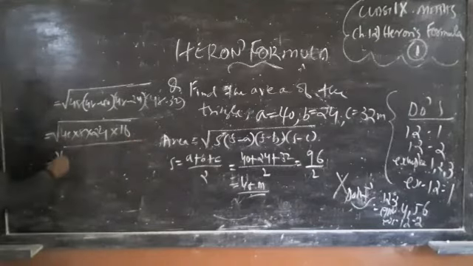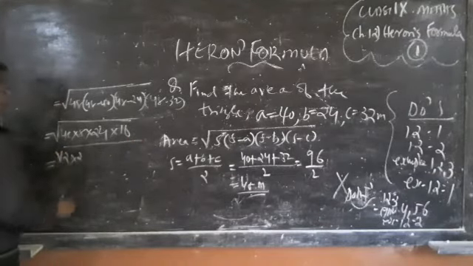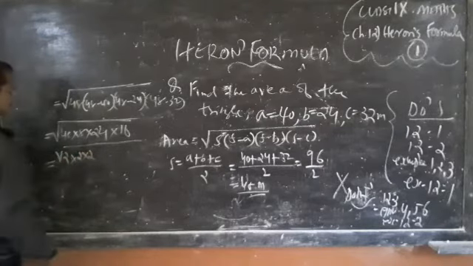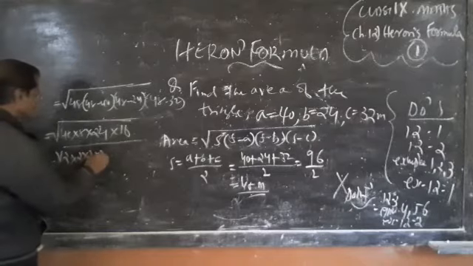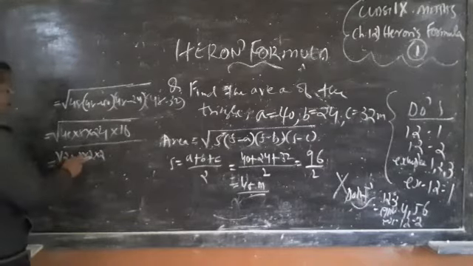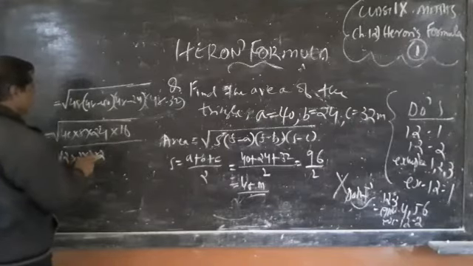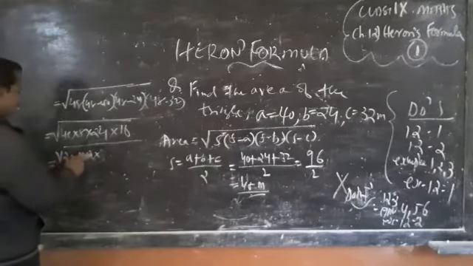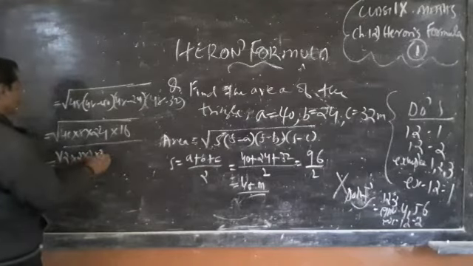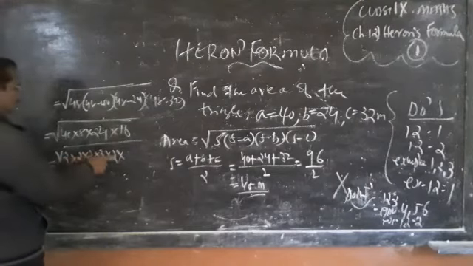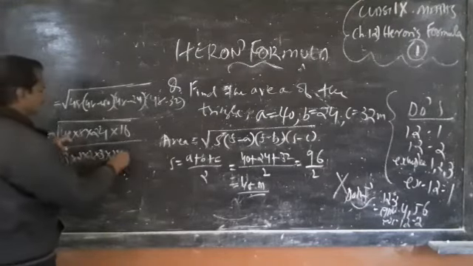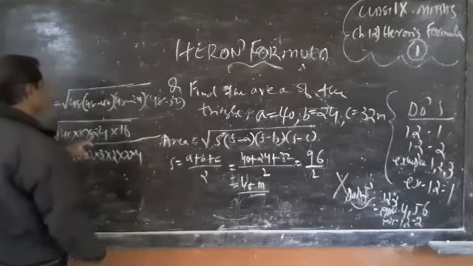The factors of 48 are 2 into 2 into 2 into 2 into 3, that is 2 twos are 4, 4 twos are 8, 8 twos are 16, 16 threes are 48. Then the factors of 8 are 2 into 2 into 2.